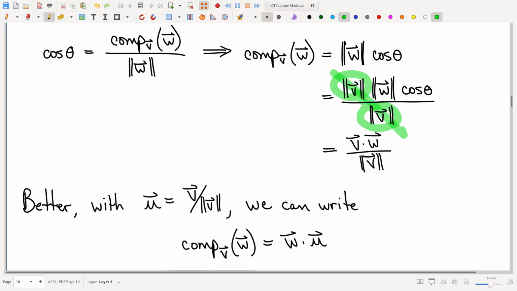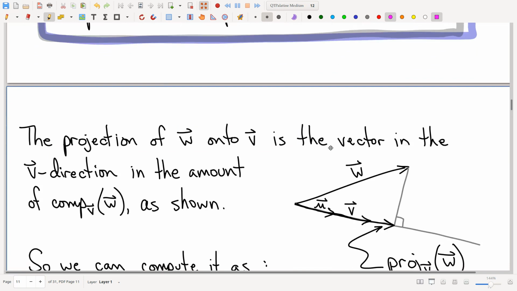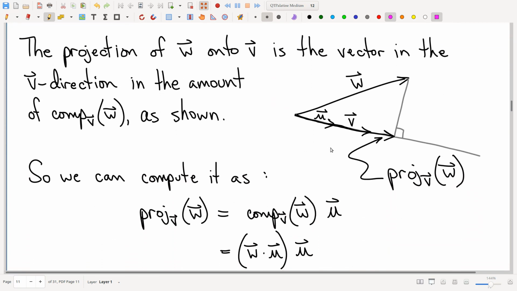But having done that, the cool point is that this is the dot product. The old formula for dot product. Okay. Cool. No worries.